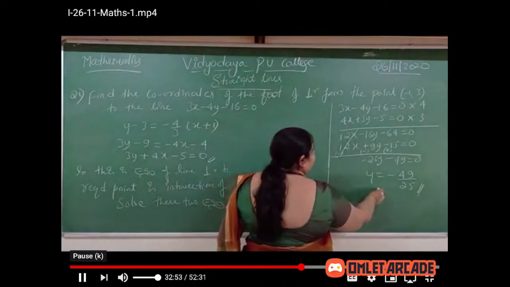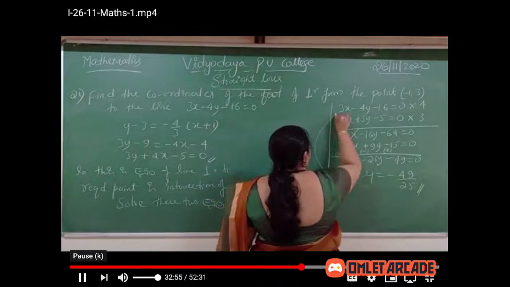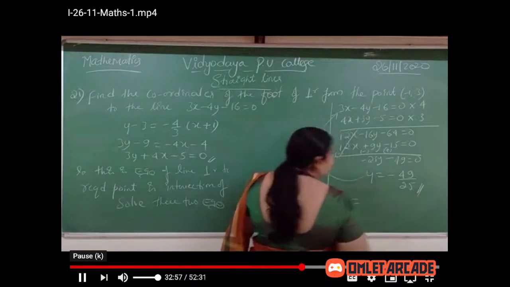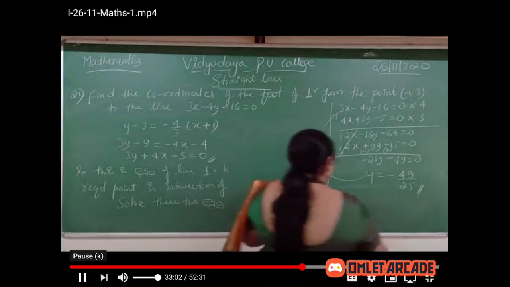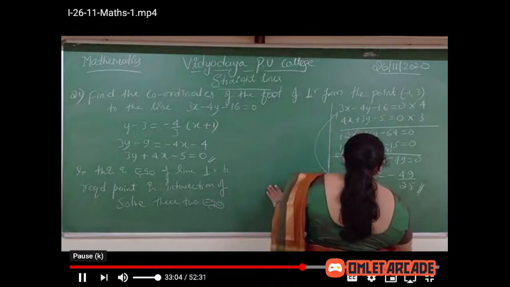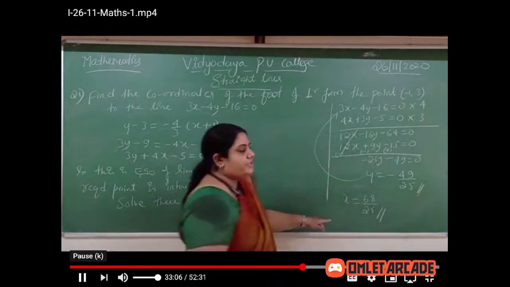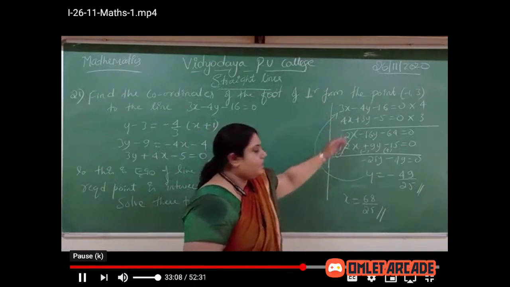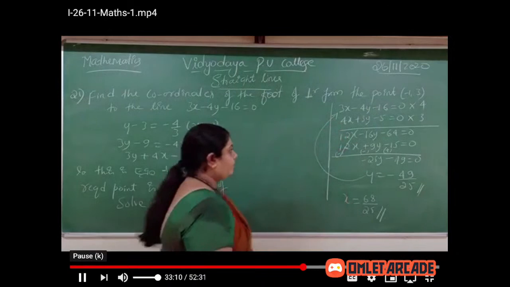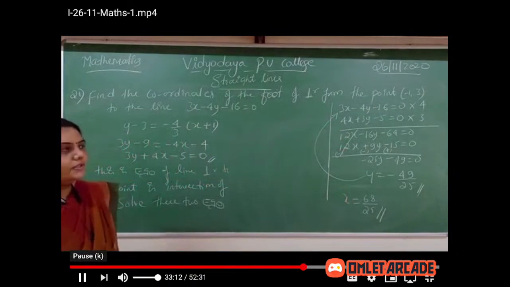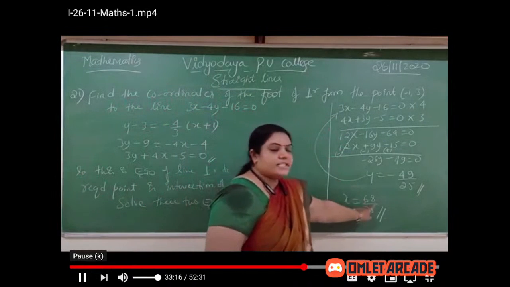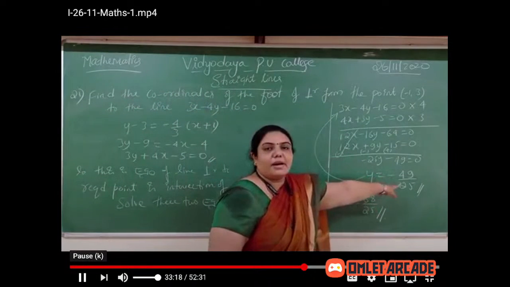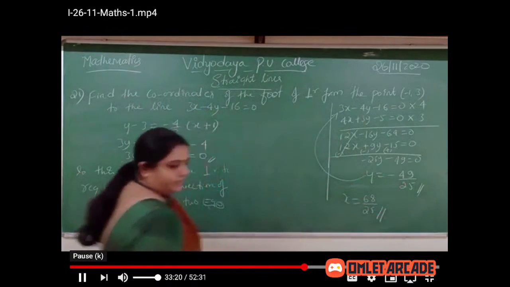And when you substitute the y value in any one of the equations, I am writing this directly. You work it out, okay? It will be 68 by 25. When you substitute y in any one of the equations, you will get the x value. So can I conclude? The coordinates of the foot of perpendicular will be 68 by 25, comma minus 49 by 25.